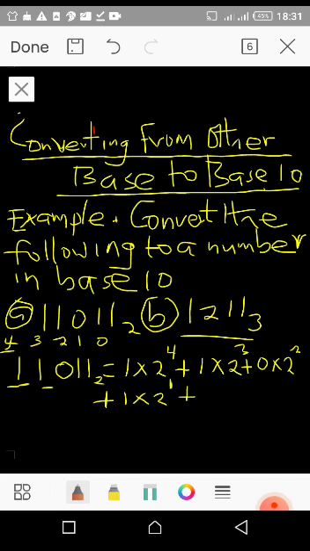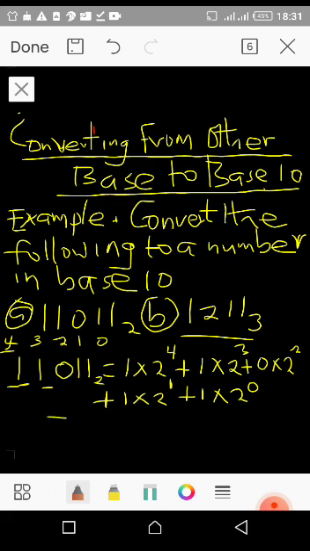The last digit is also 1, times 2 raised to the power of the place value, which is 0.